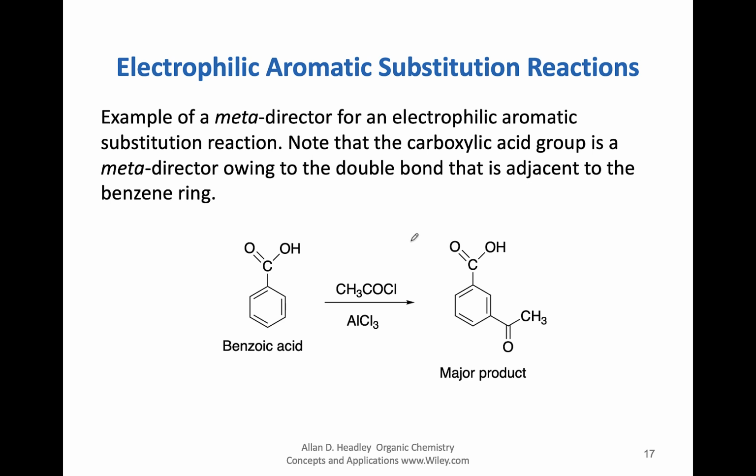Let's look at an example here. So if you had here benzoic acid, an analysis shows that this is a double bond adjacent to the ring. So therefore this substituent here is a meta-director.